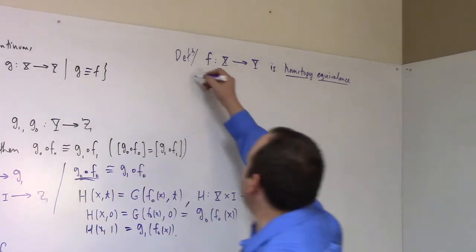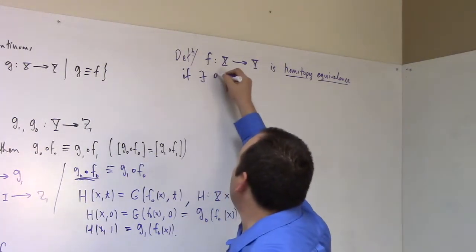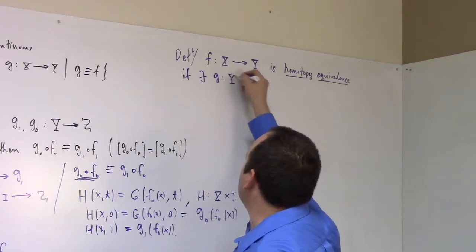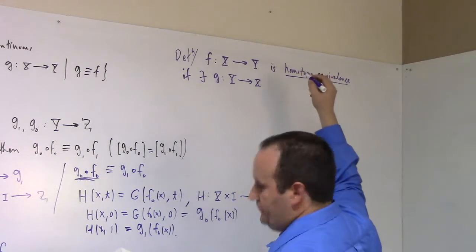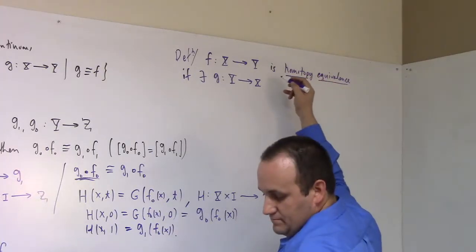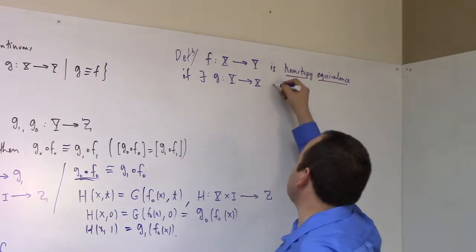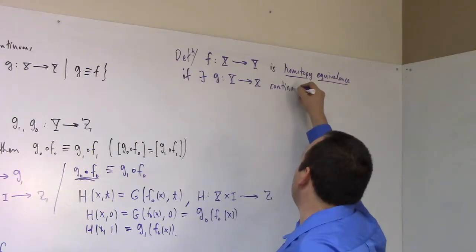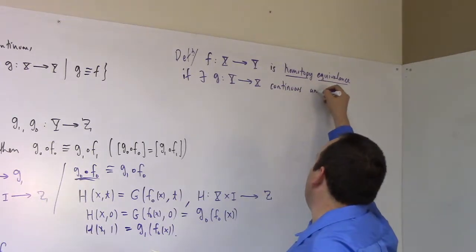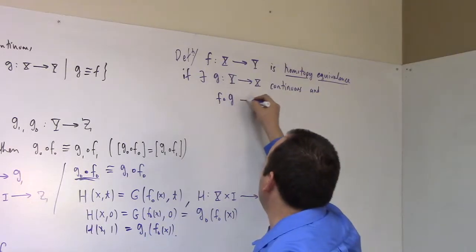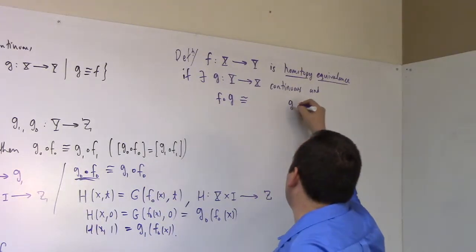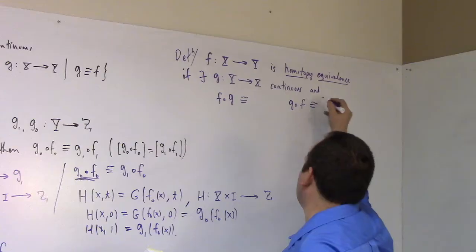Okay, if there is g from Y to X, continuous, and let's see here, f composed with g is homotopic to something, g composed with f is homotopic to something. What do we have to put there?